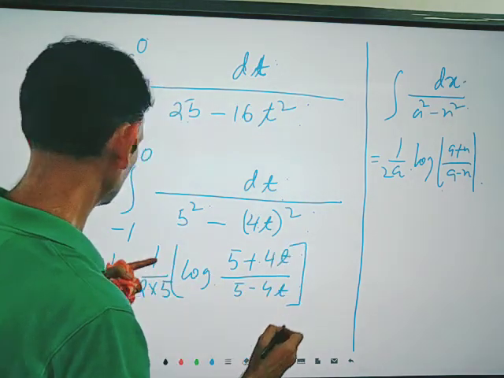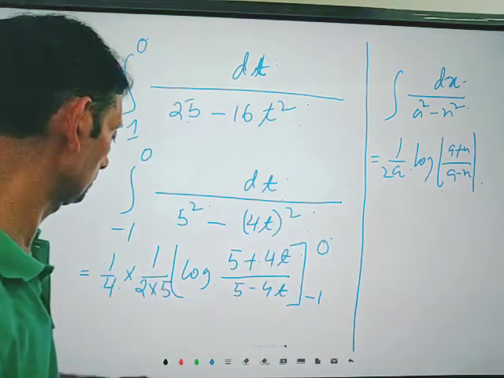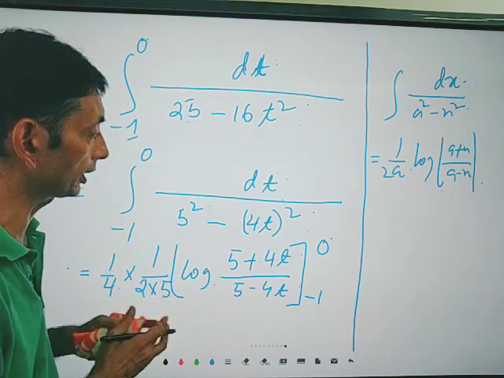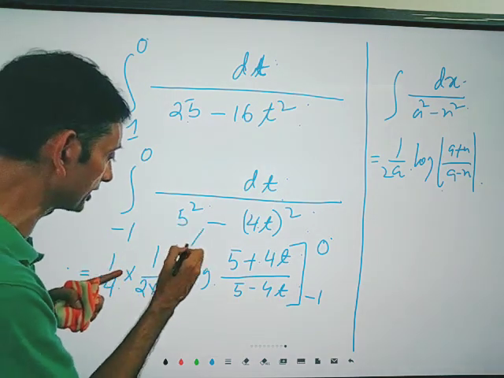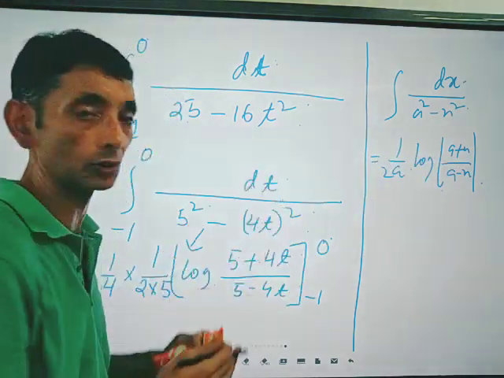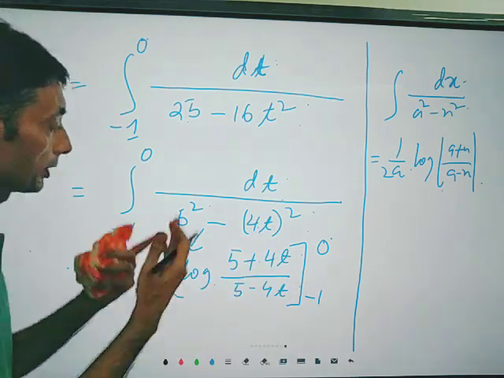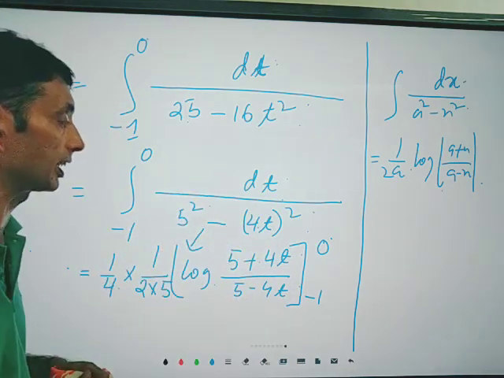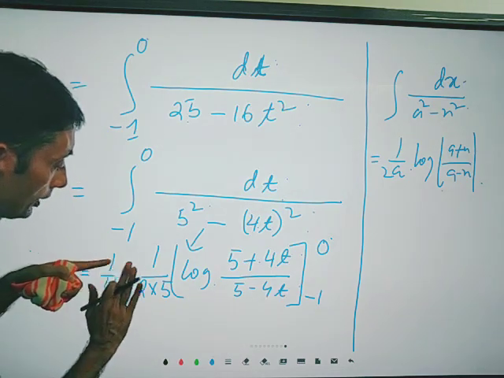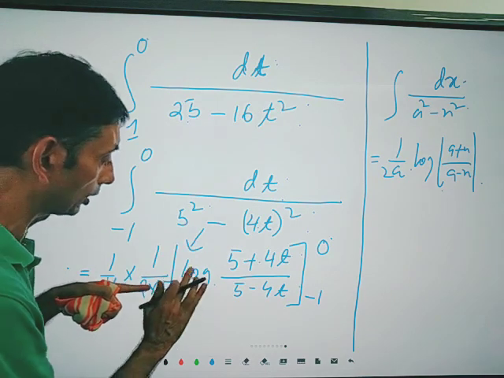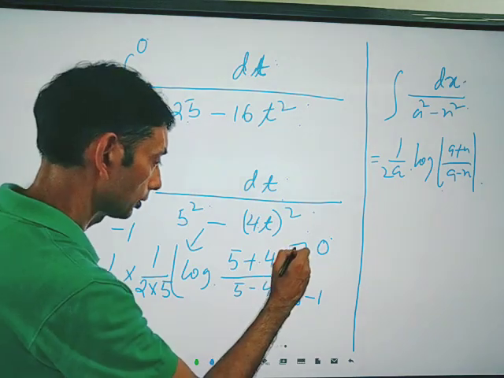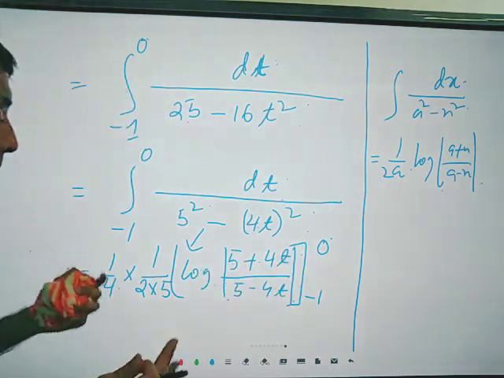We just substitute the limits minus 1 to 0. I have done this step directly. In case you want to use the formula exactly, you need to substitute 4t as another variable. Avoiding that step, we use the formula directly and multiply by 1 by 4, then 1 by 2a, log of a plus b by a minus b.